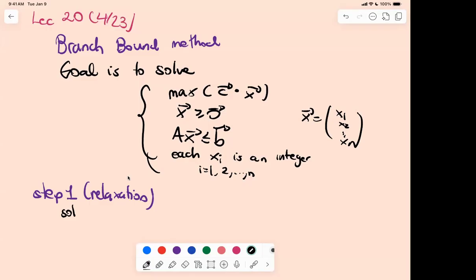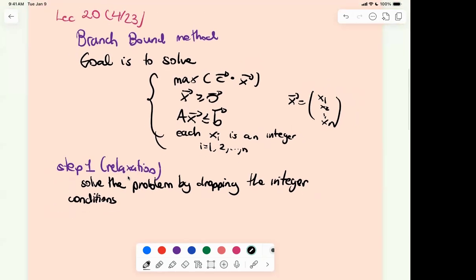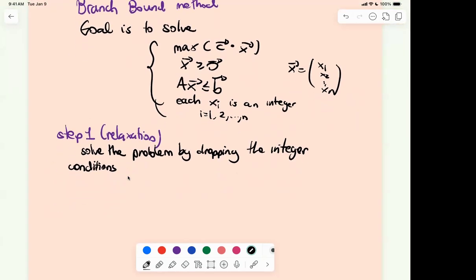So solve the problem, dropping the integer conditions, the usual one. Okay, so this is the relaxation.